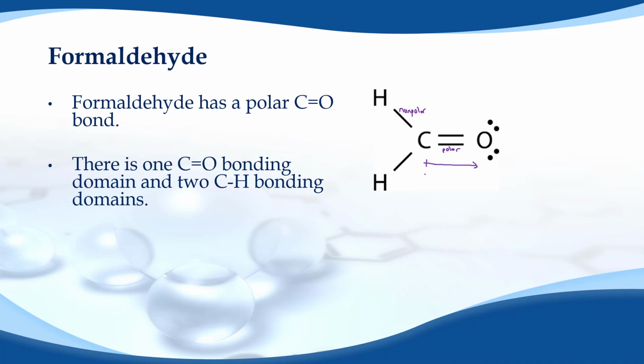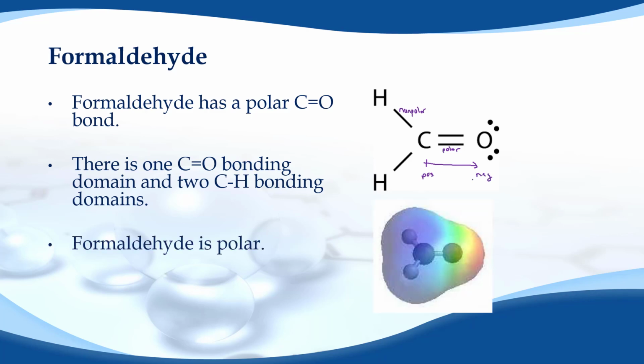So again, the carbon side is blue, the oxygen side is red. That's a distribution in charge. One side's plus, the other side is minus. That makes the molecule polar. And again, notice the domains are different. For water, we had bonding domains and lone pairs, which were different. Here, we have a bond to oxygen and bonds to hydrogen. Those are different.